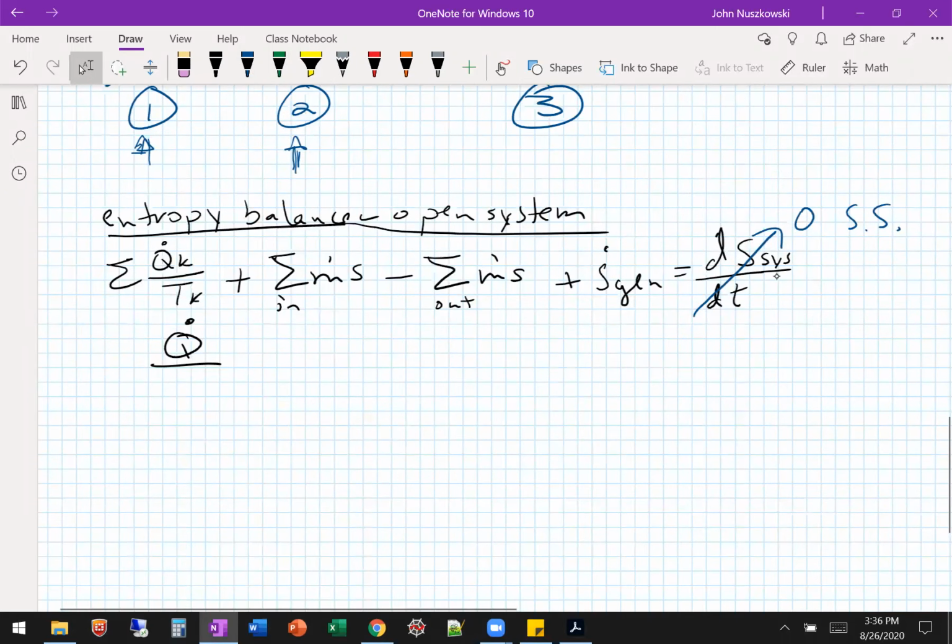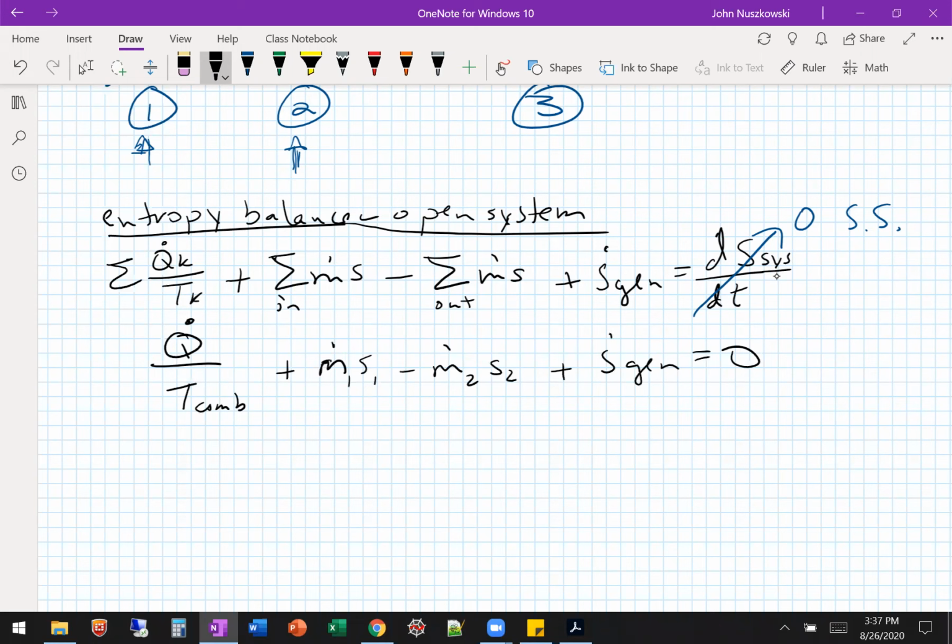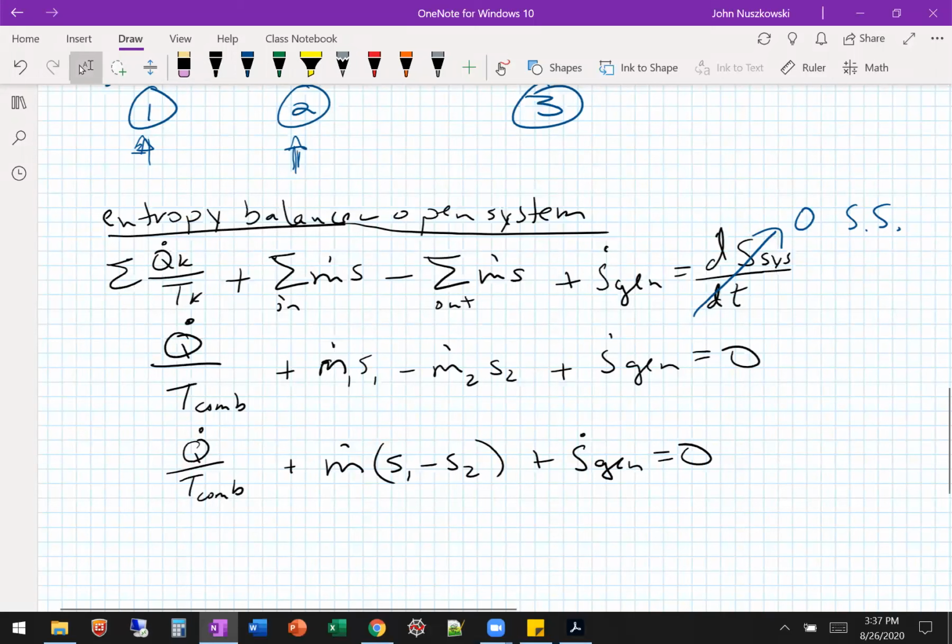All right, so we have this, and then if we apply our conservation of mass, you have this. All right, so what's the next step?